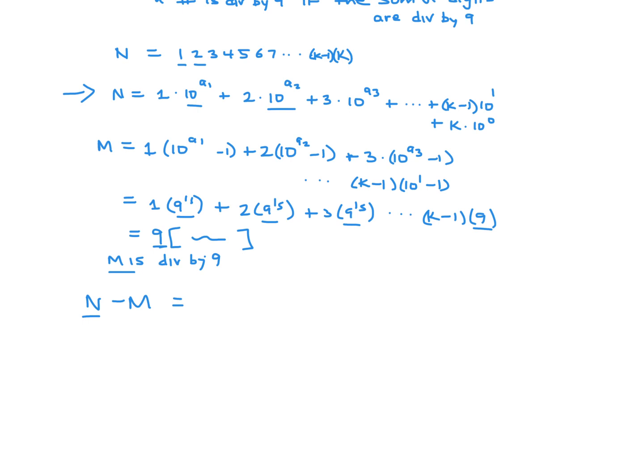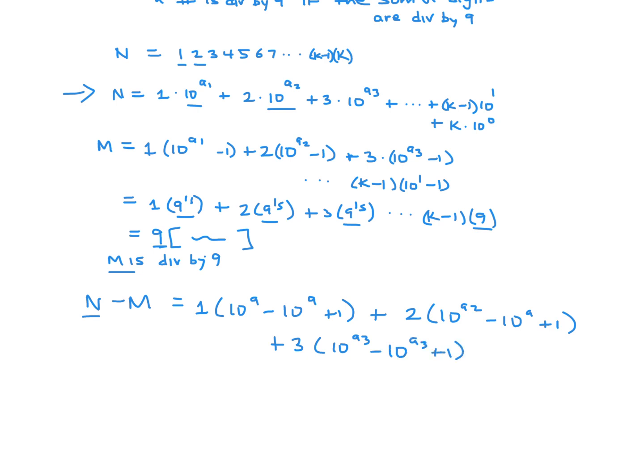So n minus m, if we do this carefully, we will get 1 times 10 to the A1 minus 10 to the A1 plus 1, and then 2 times 10 to the A2 minus 10 to the A2 plus 1, and then 3 times 10 to the A3 minus 10 to the A3 plus 1, plus k minus 1 times 10 minus 10 plus 1. And then finally, there's a k left over.